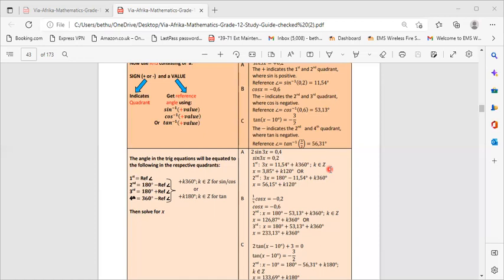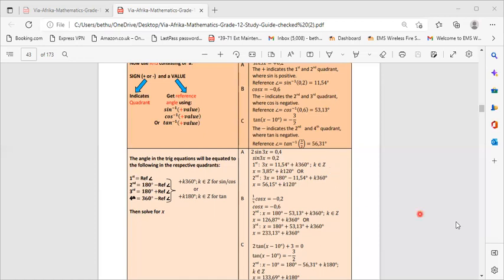I hope you know where that comes from. Again, at this stage, we need to solve for x. And these are our final answers for the equation 2 sine 3x is equal to 0.4. So our general solution is exactly that.